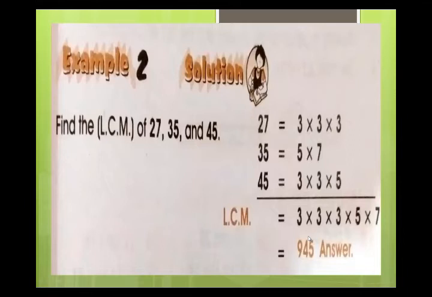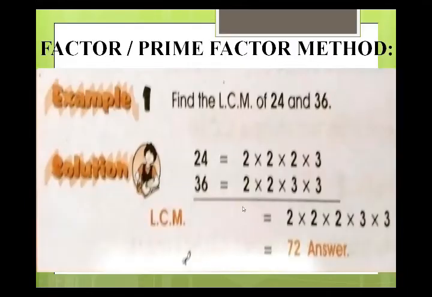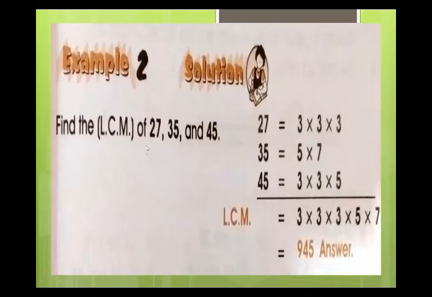In a similar way as we discussed earlier, firstly you pick the pairs. Earlier we had only 2 numbers in which we had to find the LCM, but in this example you have to find the LCM of these 3 numbers.